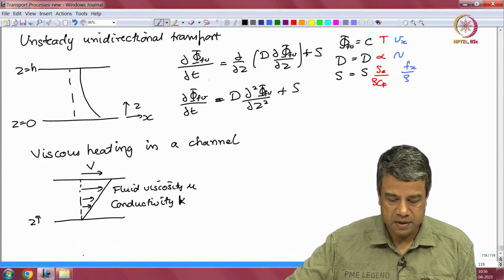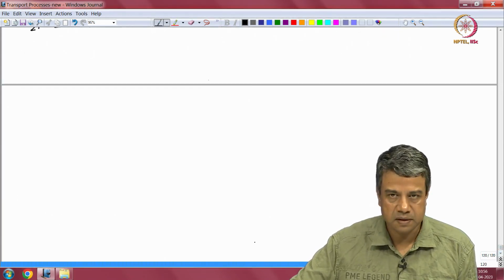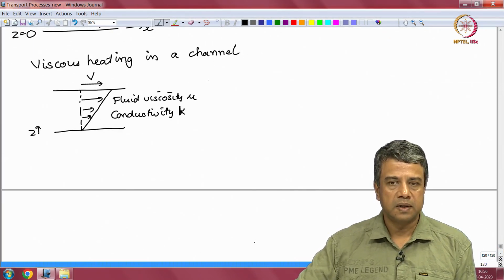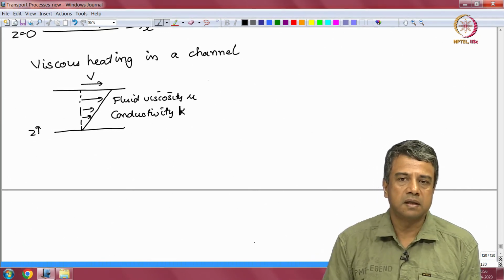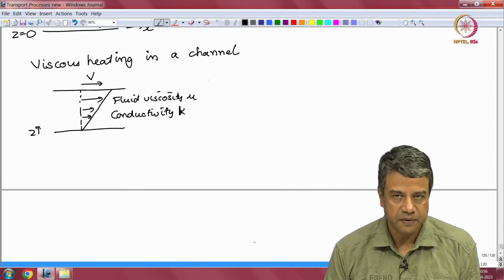Now, the question that we are asking is, what is the temperature due to this flow? If you recall, when we discussed heat transfer in a pipe, I had told you that we can consider the heat energy and mechanical energy to be two different quantities provided there is no interconversion of energy.